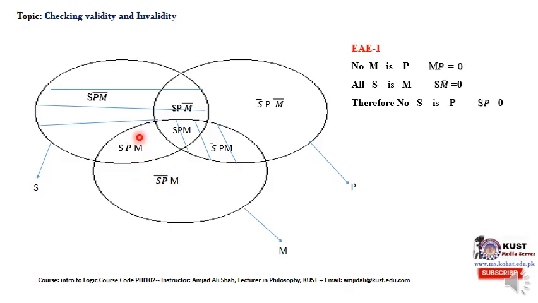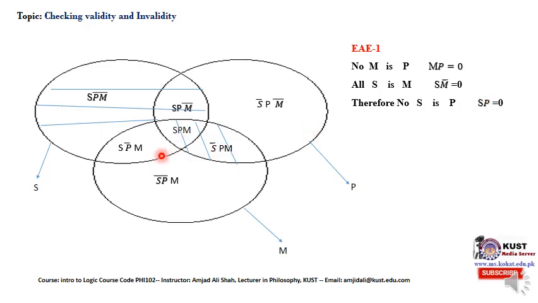Again it's not MP, this is MP bar and this is M bar P bar. So you are supposed to shade this area, which I have already done. SM bar is equal to 0. This is SM bar and this is SM bar. Now it's also shaded. Now the conclusion, what does the conclusion say? SP is equal to 0.